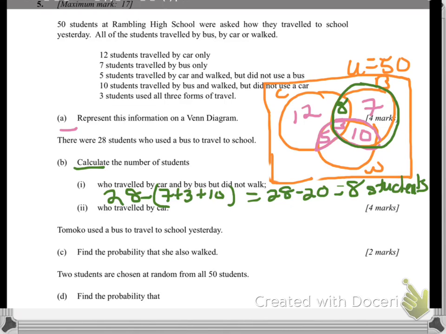Okay, now they say traveled by car. Okay, so car is going to be 12 plus 8 plus 5 plus 3. Well, 12 plus 8 is 20, and so that is 28 students.